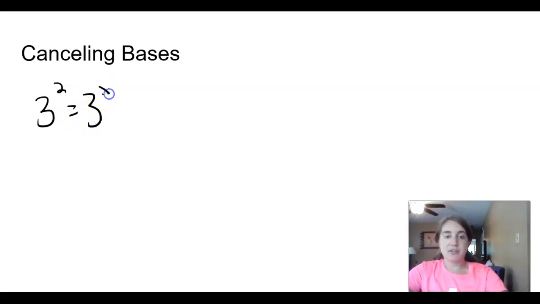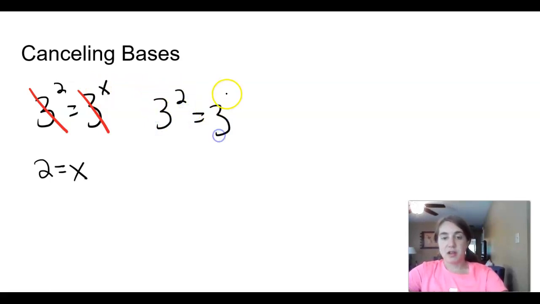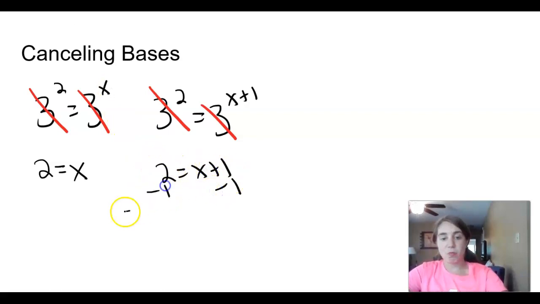So if I gave you this and asked you what does x equal, you would probably say that 2 equals x. That's because when our bases are the same, we know our exponents are the same. If I gave you something like this, you could still hold that same logic, that since our bases are the same, our exponents are the same.